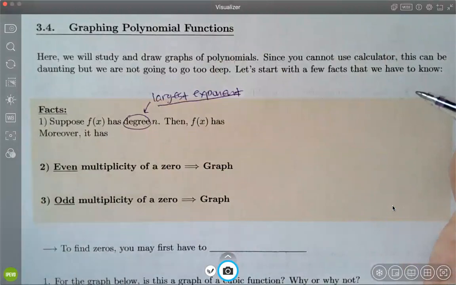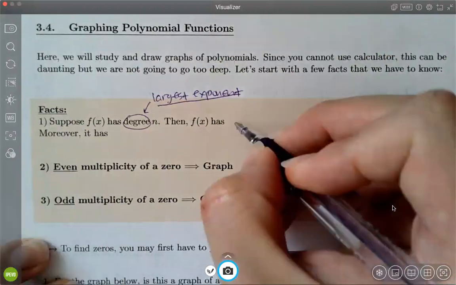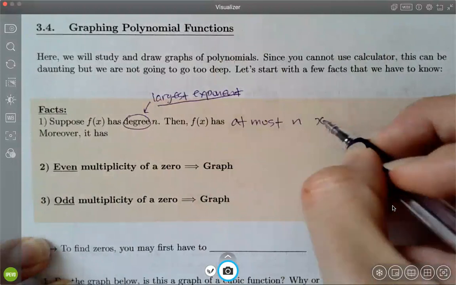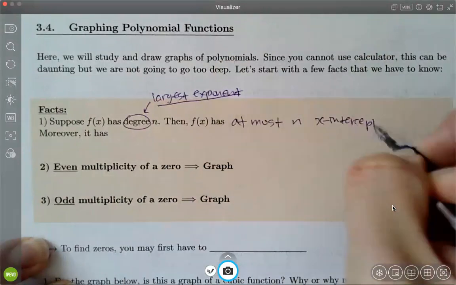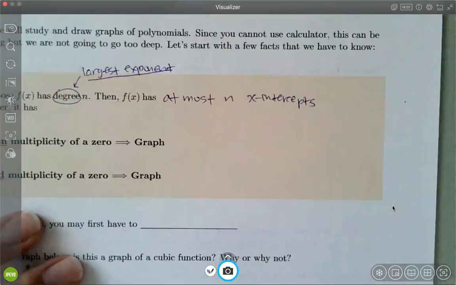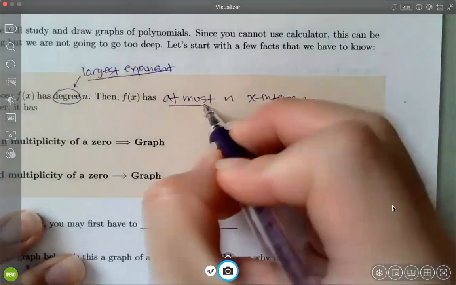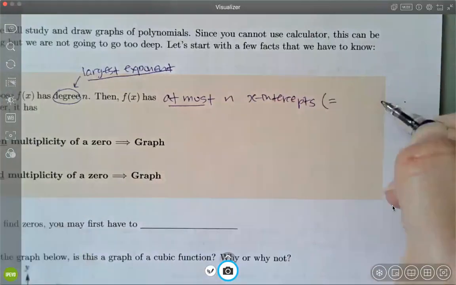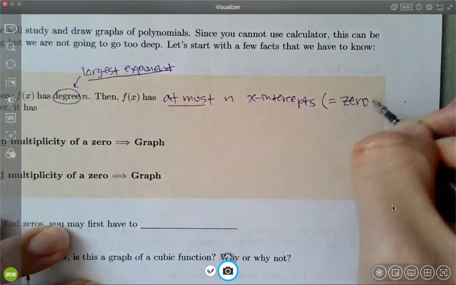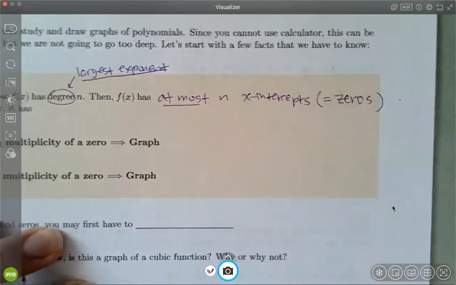Then f of x has at most n x-intercepts. Okay, so f of x has at most n x-intercepts. And remember, the x-intercept is the same thing as the word zeros. Okay, so it has at most n zeros.